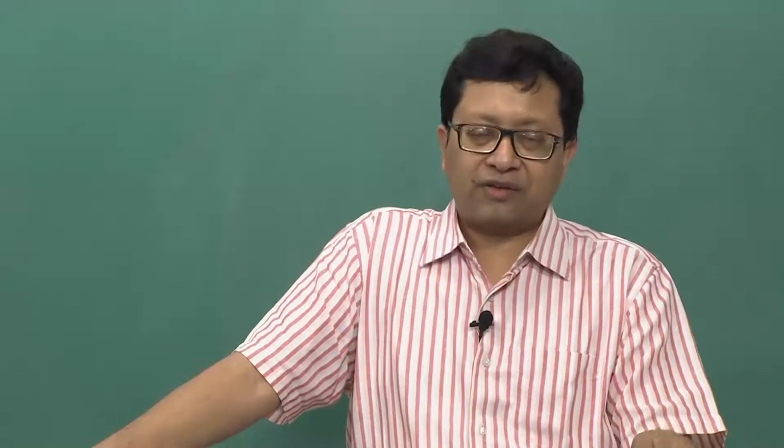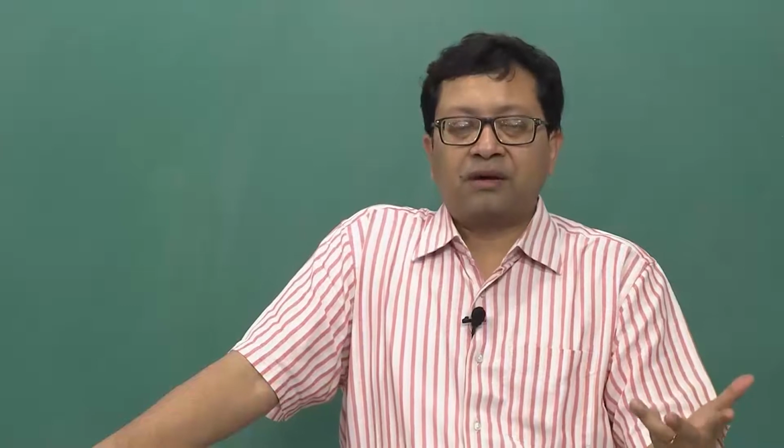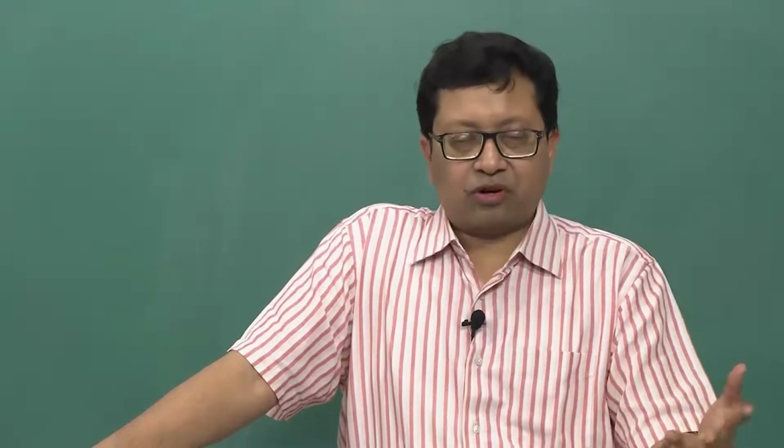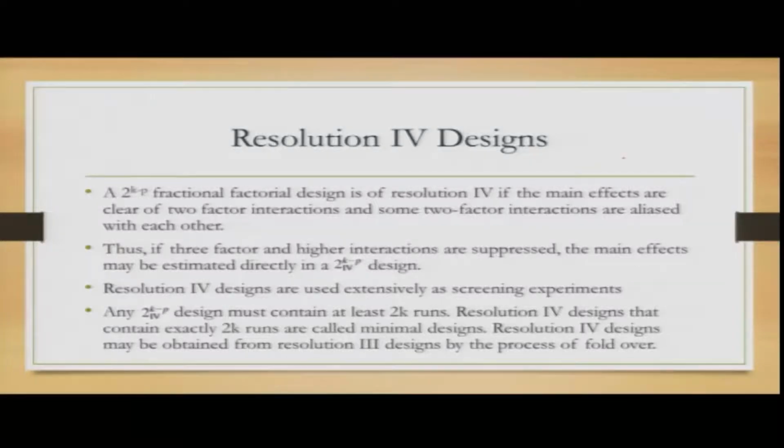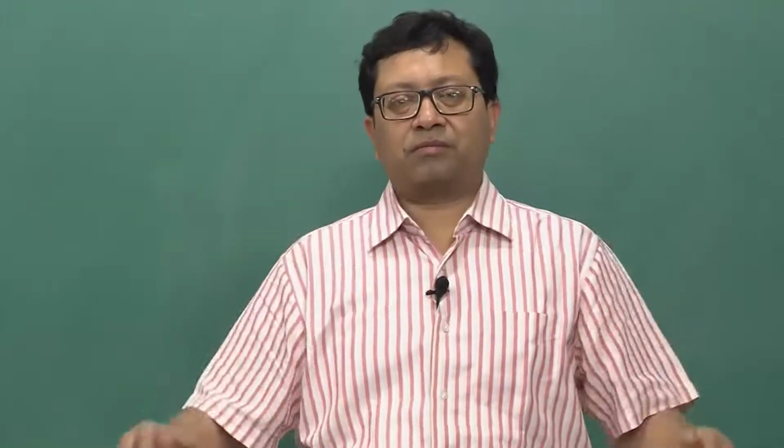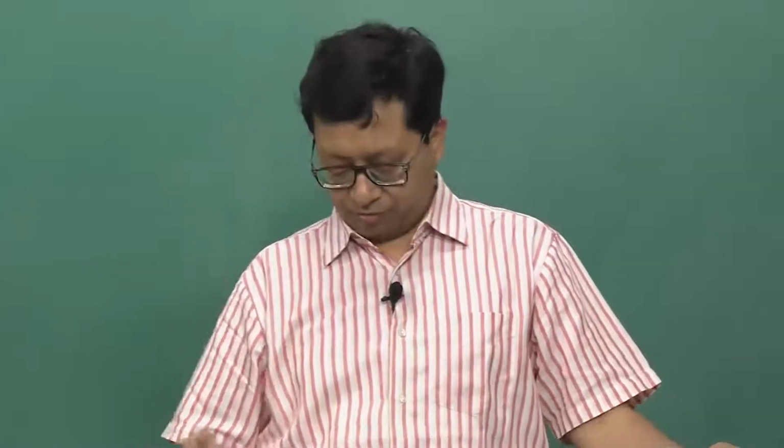If we go for higher levels of combinations, we will get better results, but anything less would not be tenable. Resolution 4 designs may be obtained from resolution 3 designs by the process of fold over. So, if you remember, we are going from the second to the third, third to the fourth, we basically fold over and take the maximum amount of information based on which we proceed.